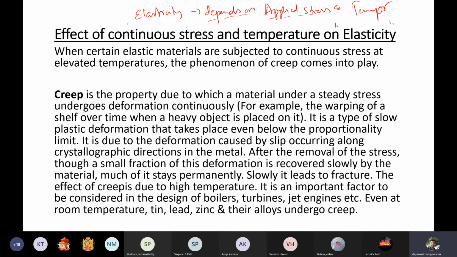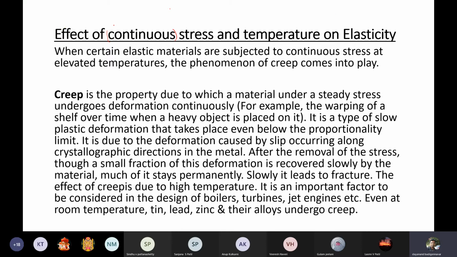Now look here: effects of stress and temperature on elasticity. When you vary the stress, how the elasticity varies.